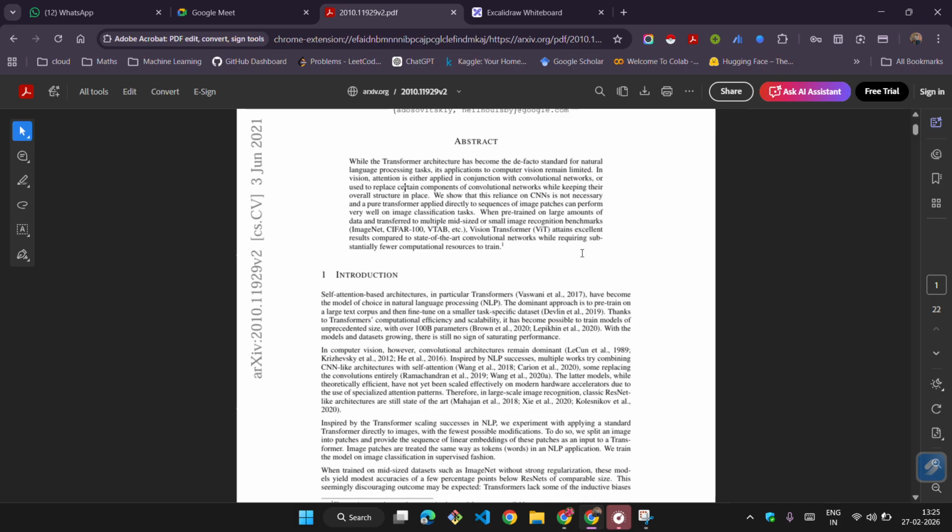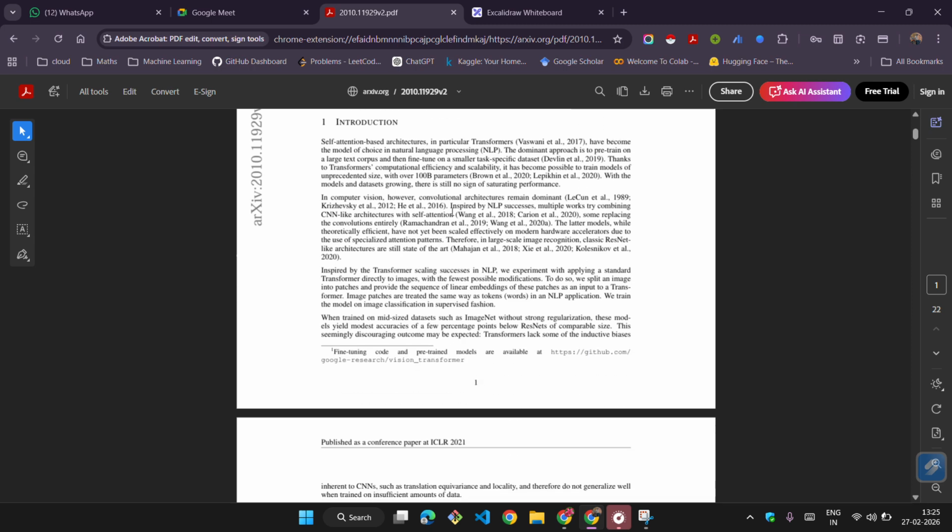The image is divided into patches, then flattened, and a classification token is inserted before the image, which helps capture the overall information in the image. Later that classification token is passed to a multi-layer perceptron to get the correct result.